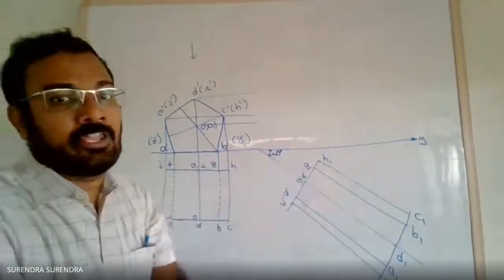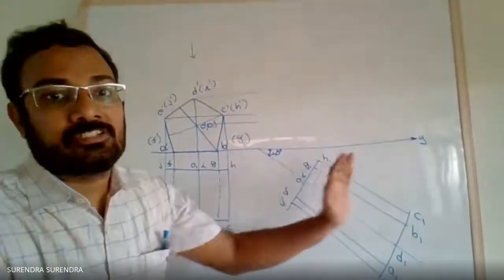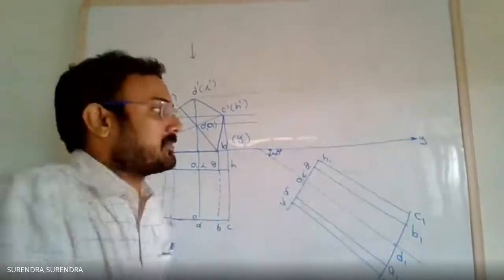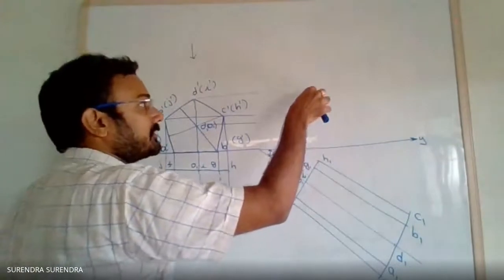Redraw the same shape here with 40 degrees inclination. After drawing the same shape, draw the projections from each and every point.